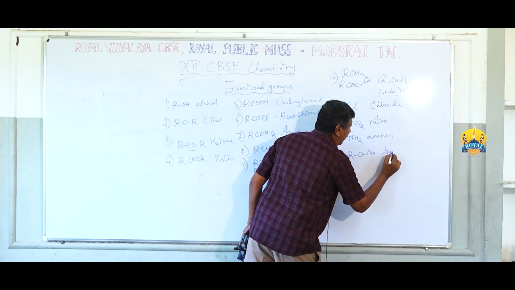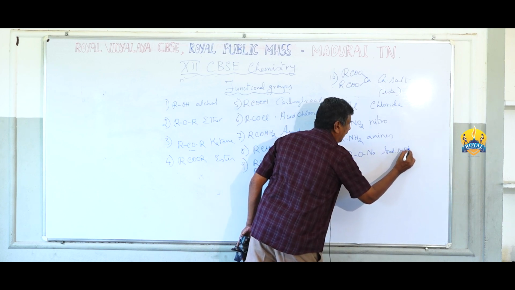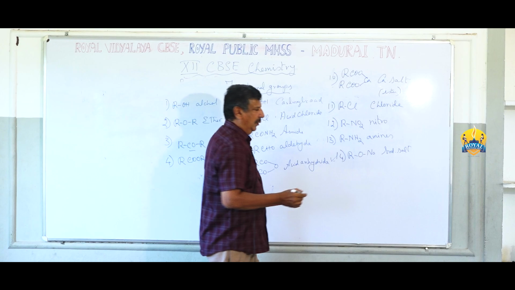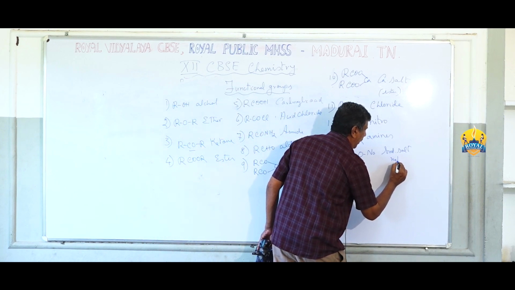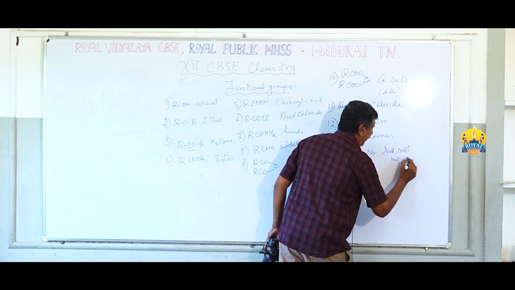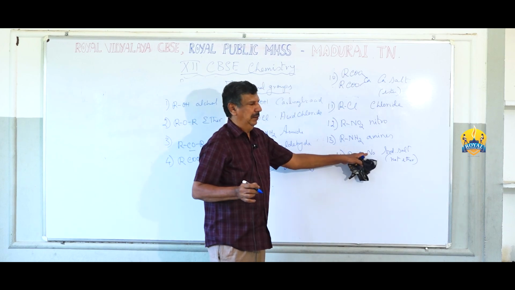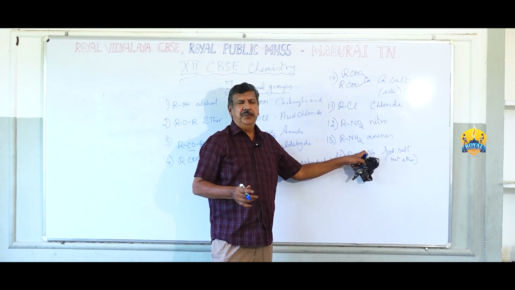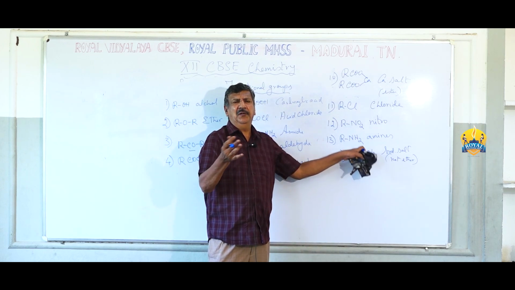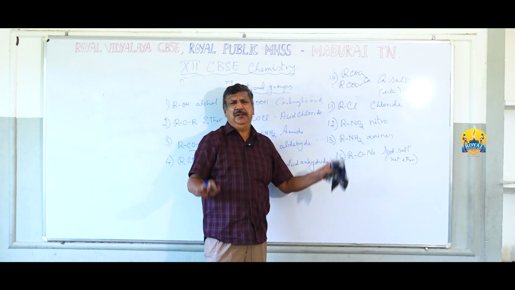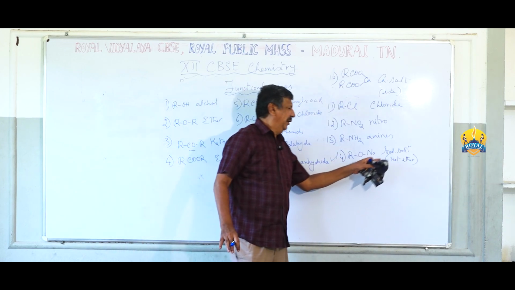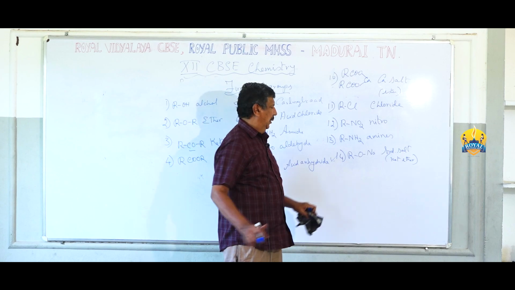Next one, RONa. Sodium salt. It is not ether, because it consists of a metal. Because it contains a metal, it will not have ether character. So it is called sodium salt.